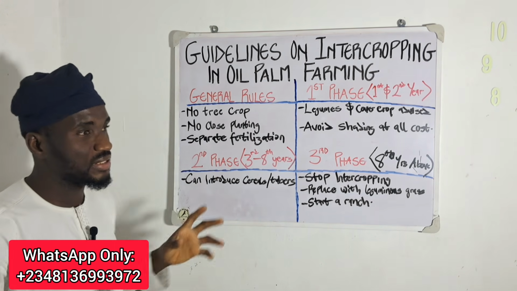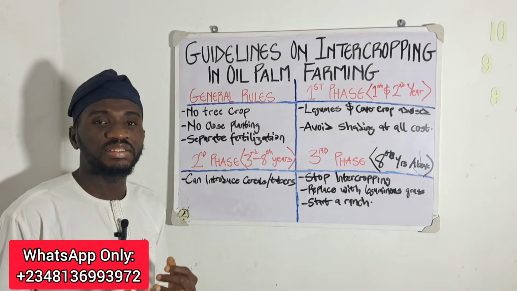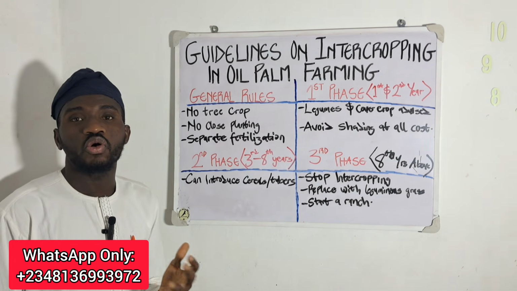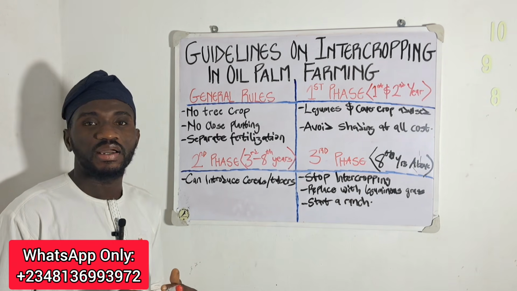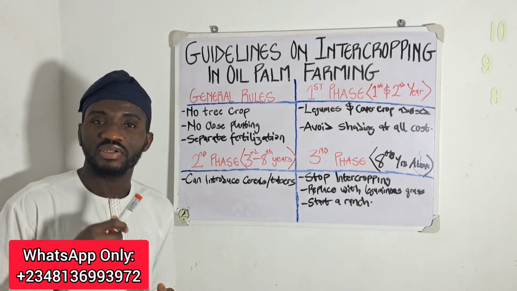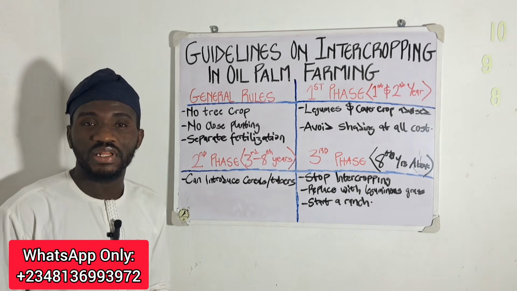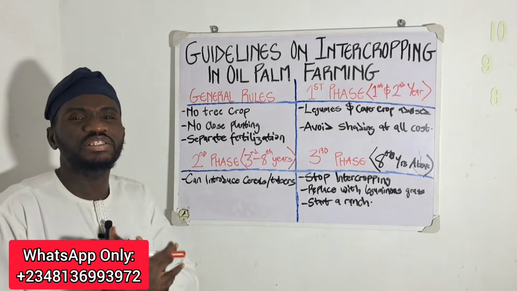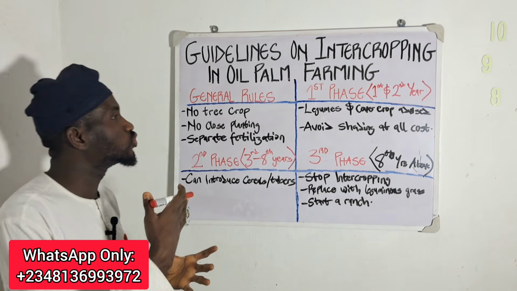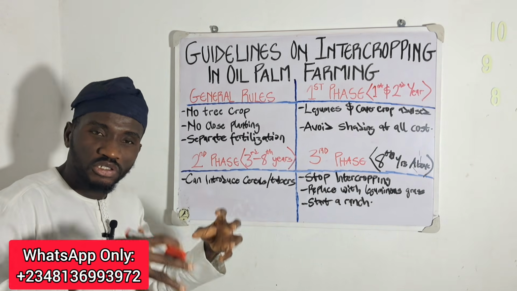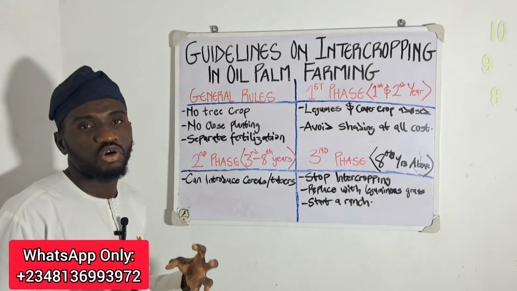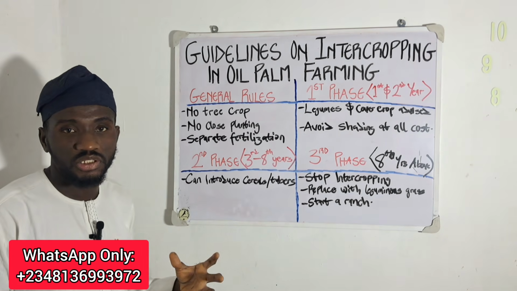And what I mean by this is that you bring in crops like cocoa, crops like cashew, crops like coconut, crops like raffia, or any tree crops, and you want to intercrop those kinds of tree crops on the same land you want to use as an oil palm plantation.